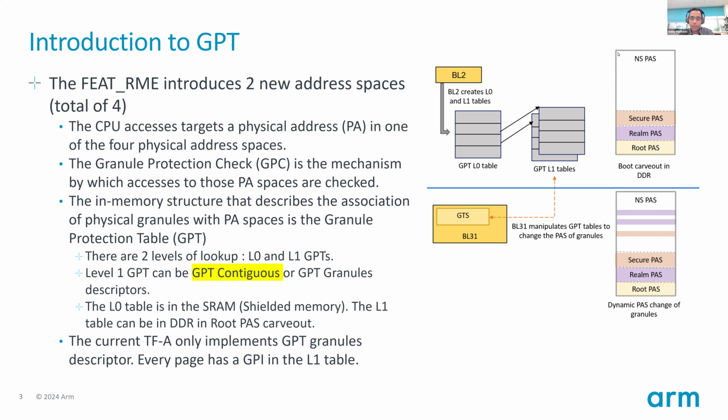So that is a brief introduction to the GPC and the granular protection table that is present today. If there are no questions, I can progress to the next slide.